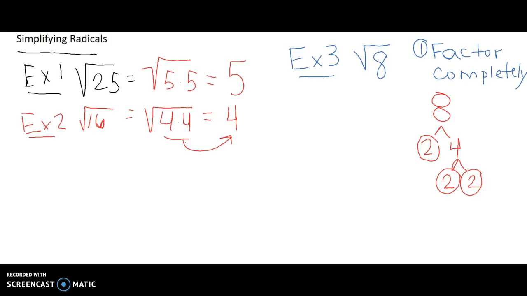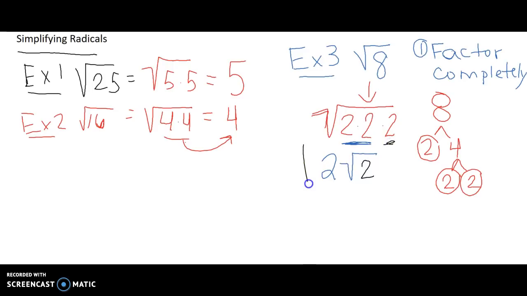So that means that 8 can be written as the square root of 2 times 2 times 2. If we notice here, we have one pair of 2's. This one pair of 2's is going to come outside of the radical, and we're left with just this 2 that did not have a pair. So this is how we simplify the square root of 8.